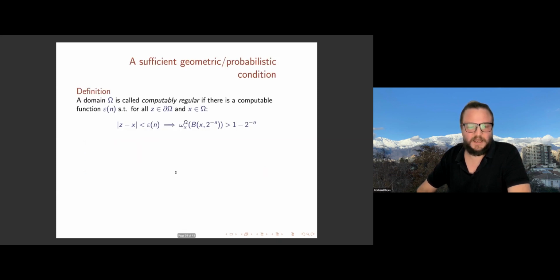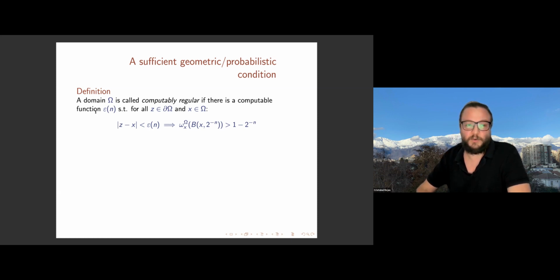And one such additional sufficient piece of information is this geometric condition. Well, it's maybe not very surprising, it's just the computable version of regularity.